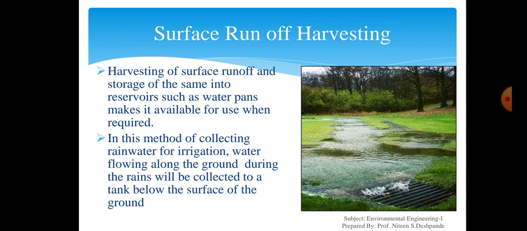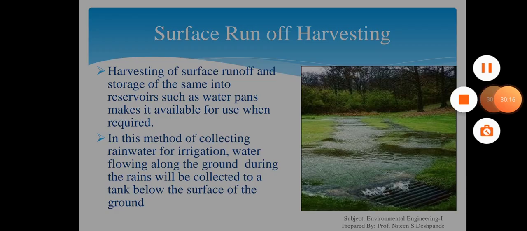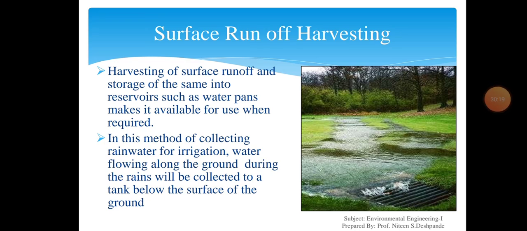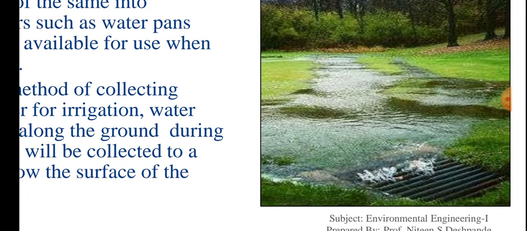The second type of rainwater harvesting is surface runoff harvesting. Okay, so harvesting of surface runoff and storage of the same into reservoirs such as water pans makes it available for use when required. So in this method of collecting rainwater for irrigation, water flowing along the ground during the rains will be collected into a tank below the surface of the ground. Okay, so in the image you can see there is a runoff which is getting stored in the tank constructed underground.